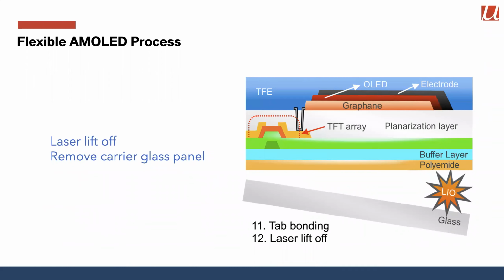So what we do is we hook up the flexible circuit that's going to connect the display to the outside world, and then we use a layer to pop the glass off of the polyamide, and then we throw away the glass. It's just been a carrier to keep everything on the same plane while we do that complex structure of multiple layers of transistors and chemicals. And we throw away the glass and we're left with a flexible display. It's pretty neat technology.